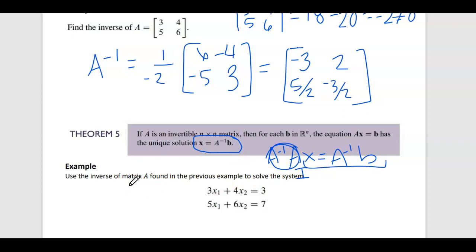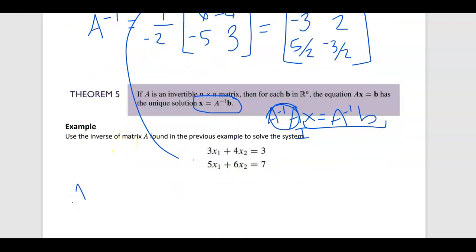So this is the coefficient matrix A, and we already found A inverse in that first problem.